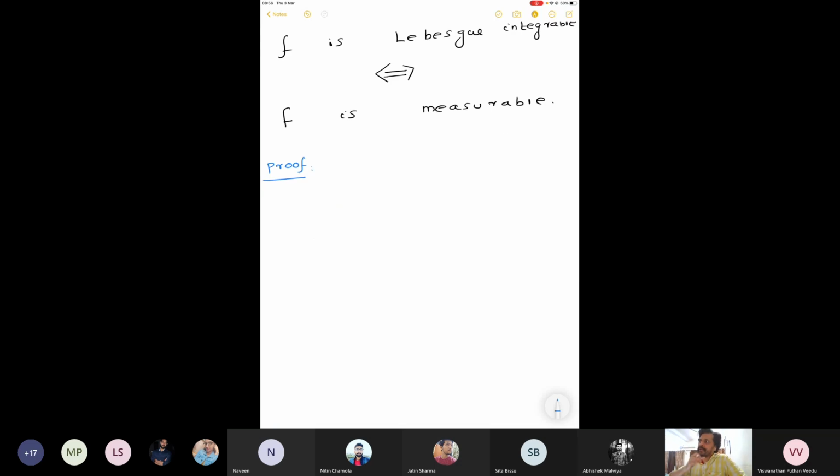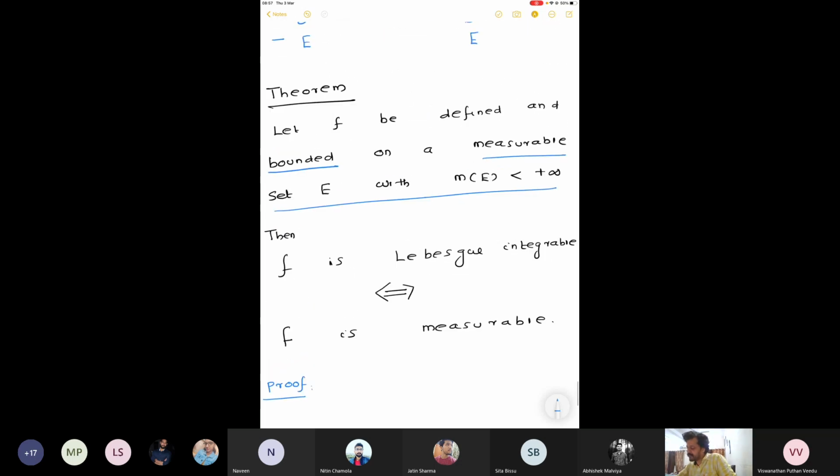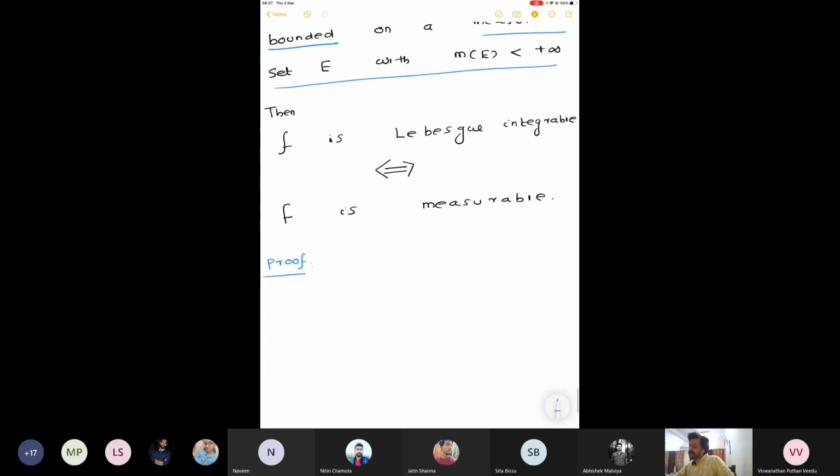So from non-negative simple functions, we lifted it to bounded functions defined on finite measure sets. Anyway, now let us go to the proof of this. As I told you, it is a bit involved. It is not that trivial.